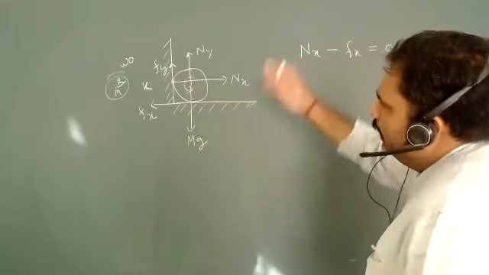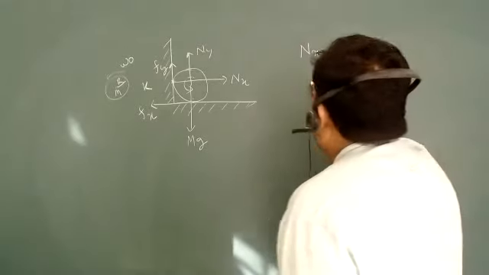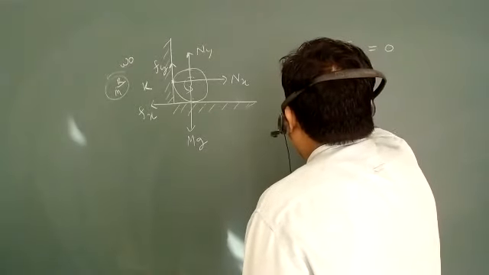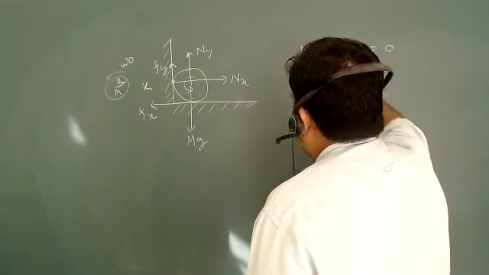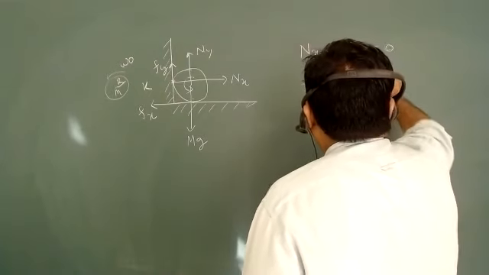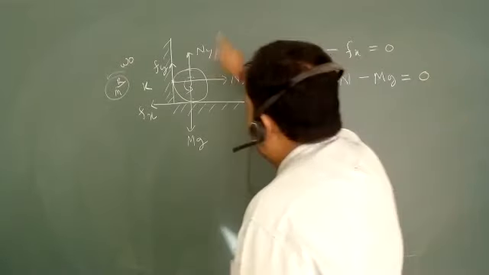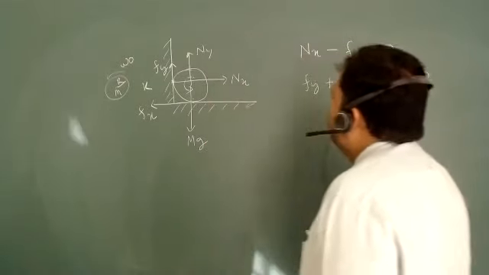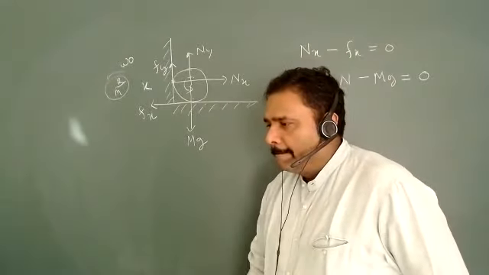Now, what about the y direction? You have Fy plus normal force Ny minus mg is equal to 0 because there is no net force in the y direction. Everyone is comfortable? Yes.